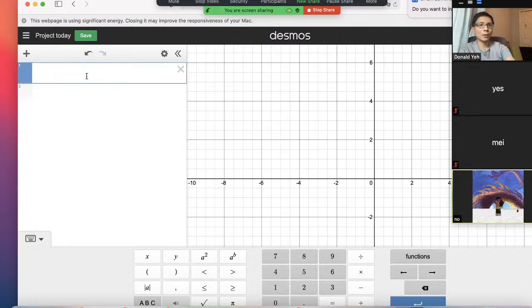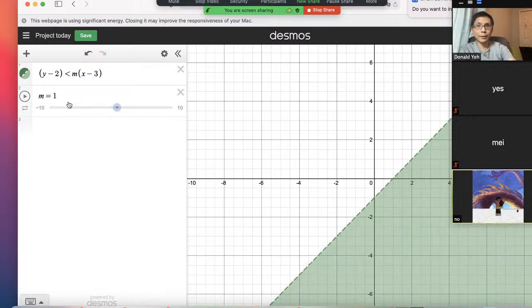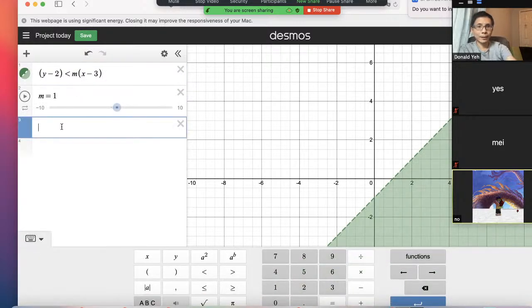It just uses y minus h is less than m times x minus k, but you just pick a point, so it'd be 2 and let's say 3. Then add a slider for m, and he got y minus 2.